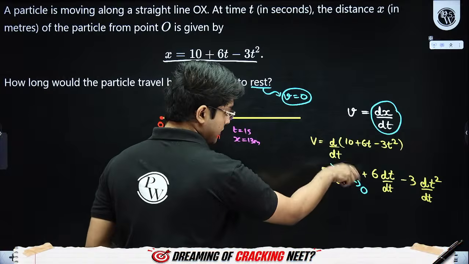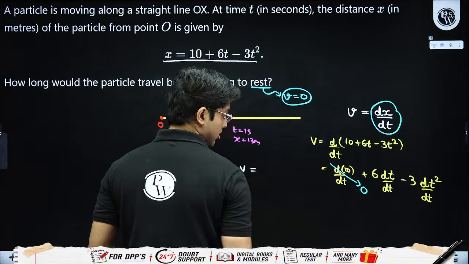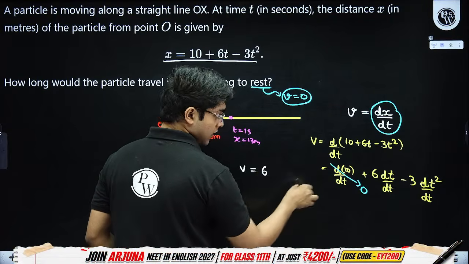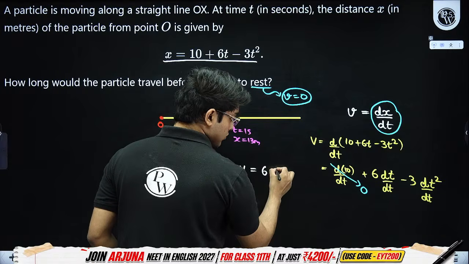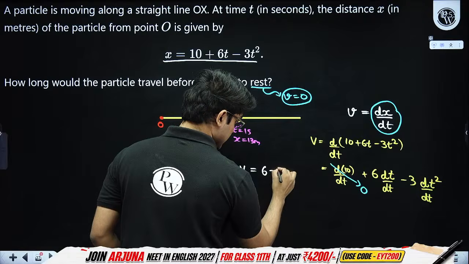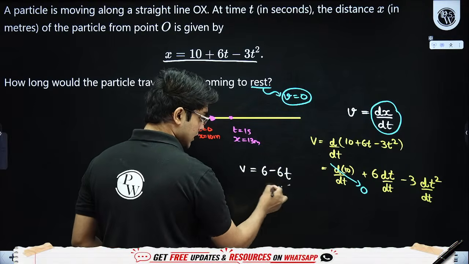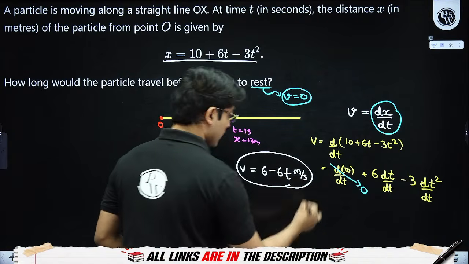So what will this be? Here finally the velocity, or the speed, will be: dt by dt is 1, so 6, minus the derivative of t square, which is 2t. So 2 into 3 is 6t, so 6 minus 6t is the velocity or the speed.